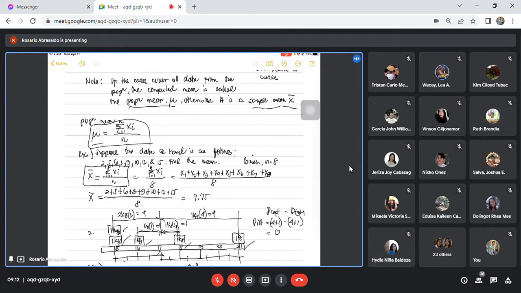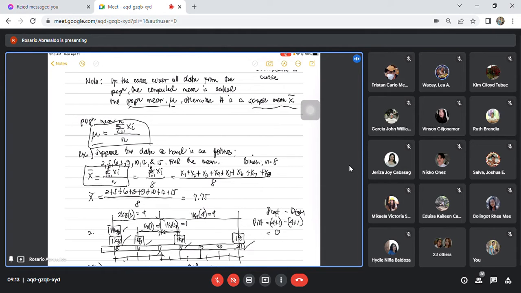Find the mean. Since it is finite, limited lang siya, and since addition is commutative, no need to arrange this in order of magnitude. Since addition is commutative, pwede kahit ano ang ayos. So, we can write the summation of x sub i, where i is from 1 to 8, since there are 8 cases.